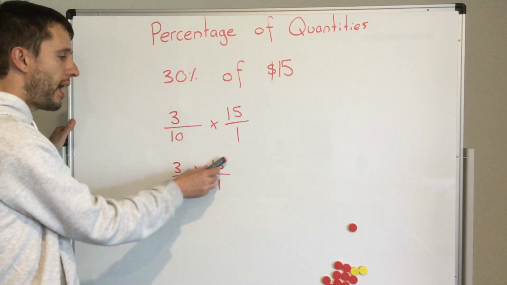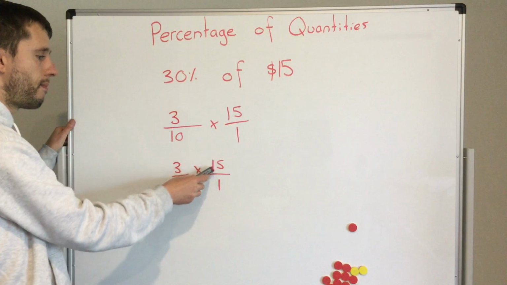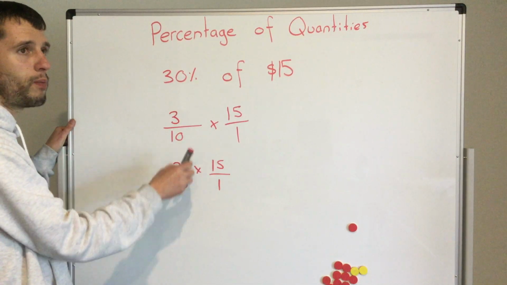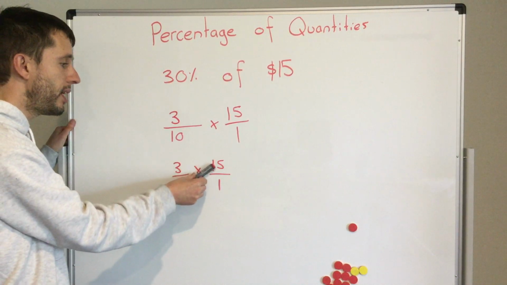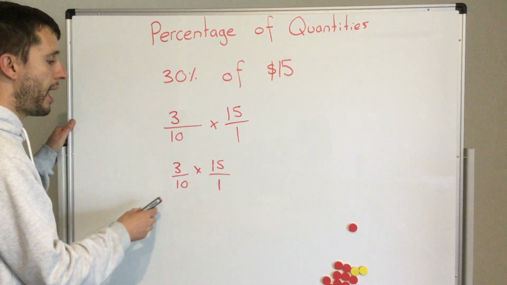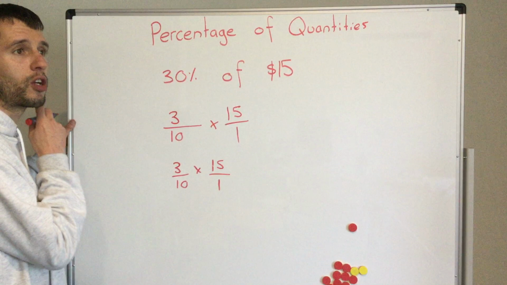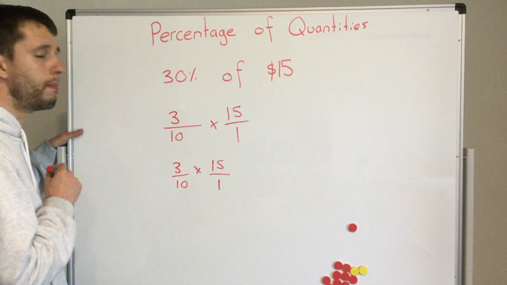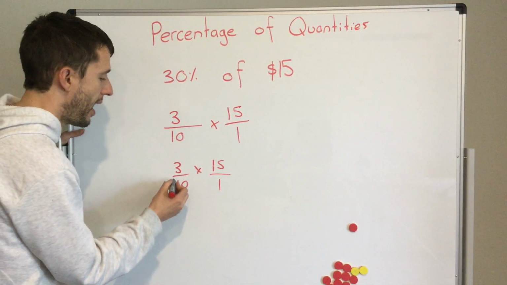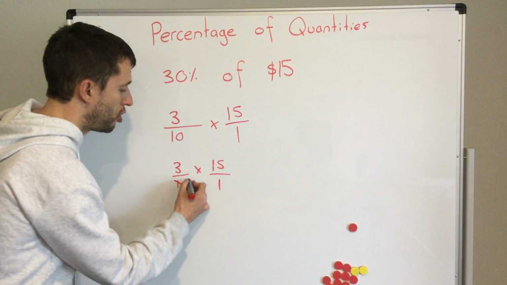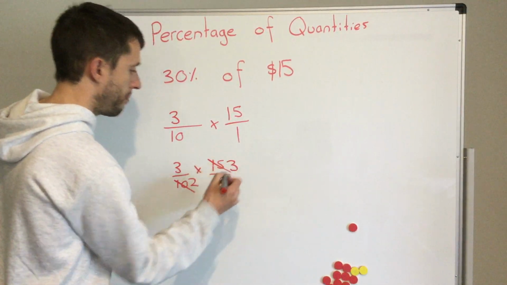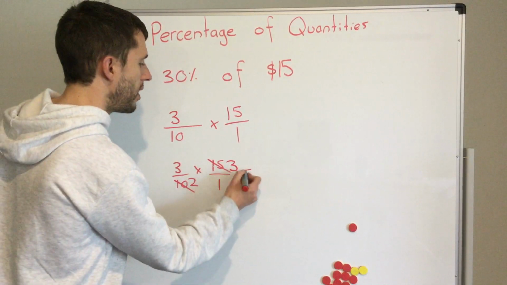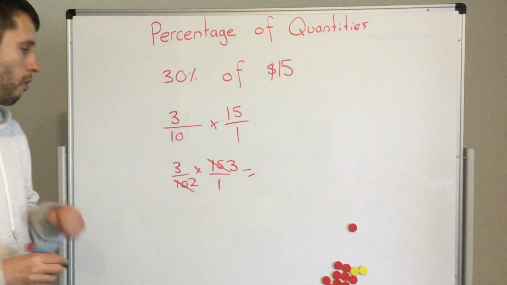So I can simplify because between 15 and 10, remember if we times and we divide, it doesn't matter what order. So I'm going to divide both of these by 5, because 5 is the highest common factor for both of them. How many 5s in 10? 2. How many 5s in 15? 3. Now I can solve.